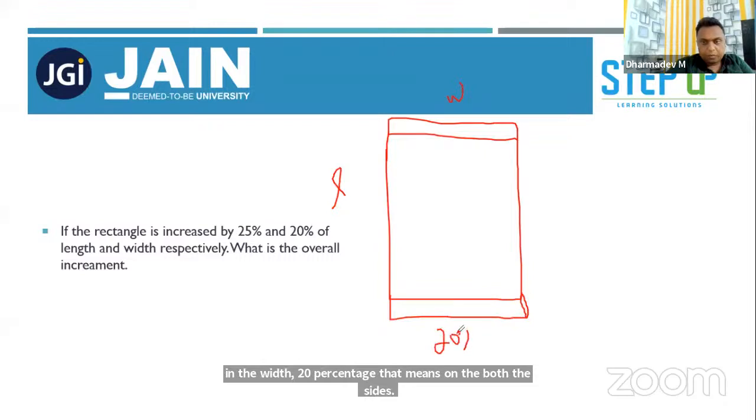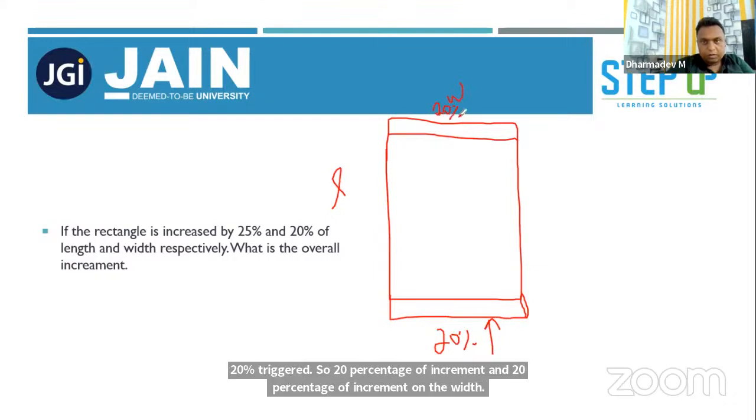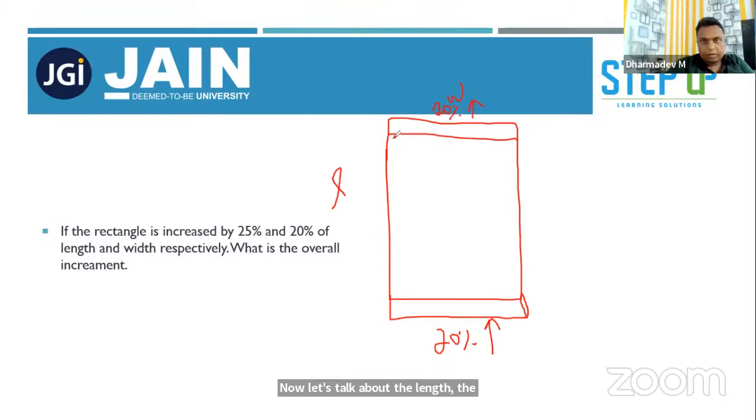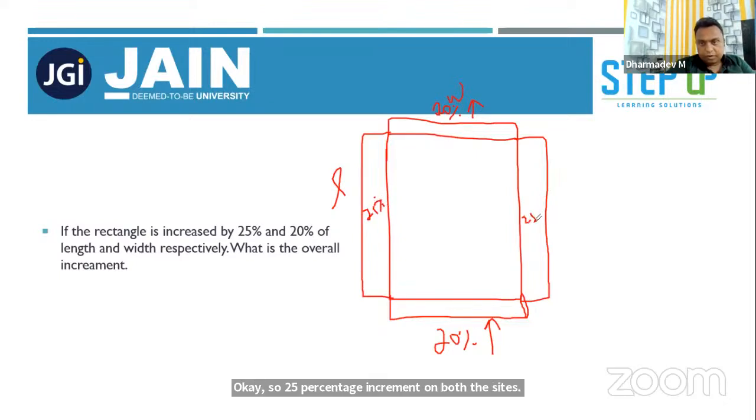Now let's talk about the length. The length is also increased by 25% on both the sides, so 25%, 25%.